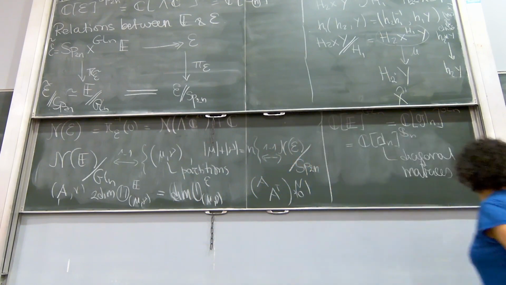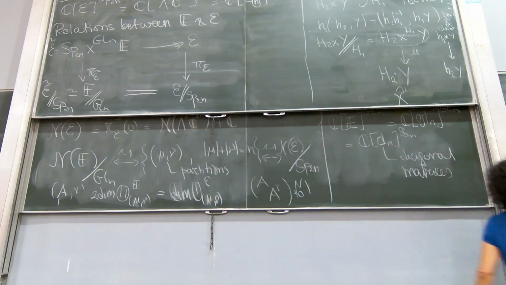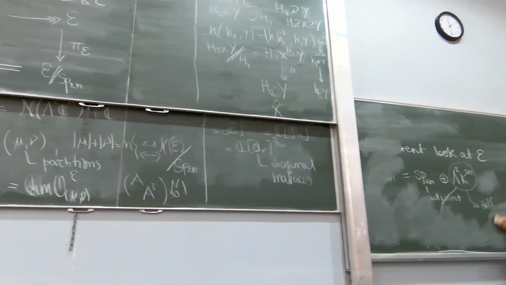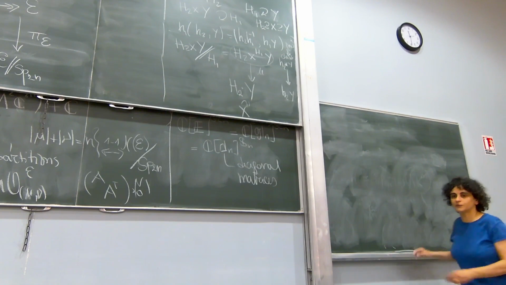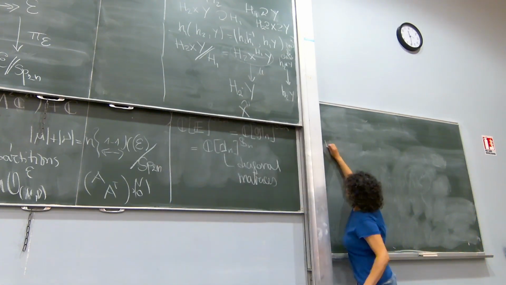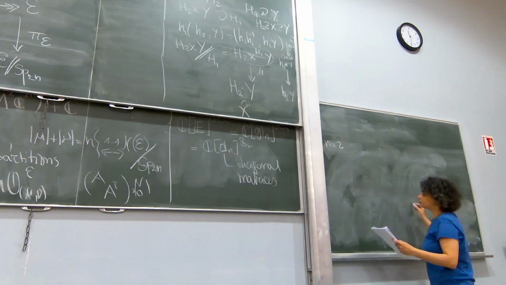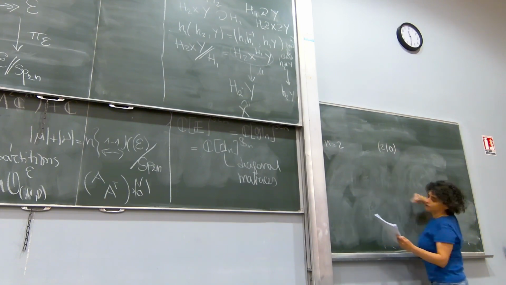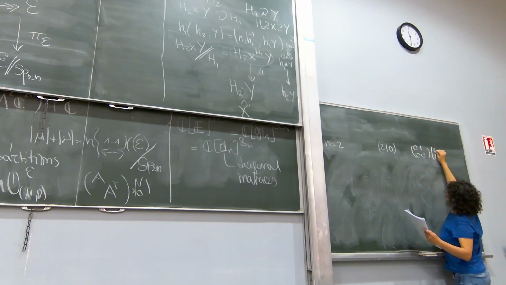For instance, if you do the simplest example, that is for n equal to 2, then you have the orbit corresponding to 2, 0, which is represented by this one.